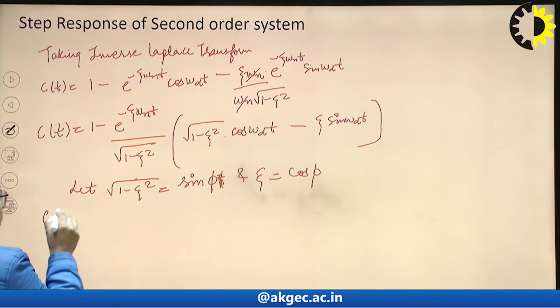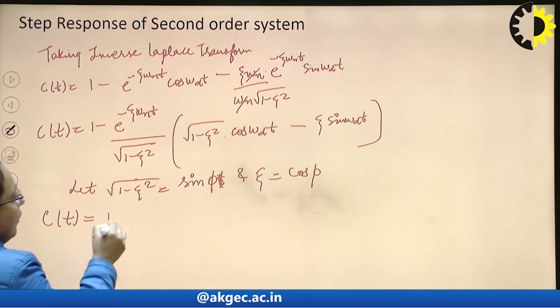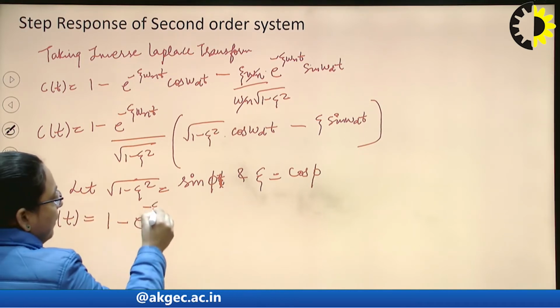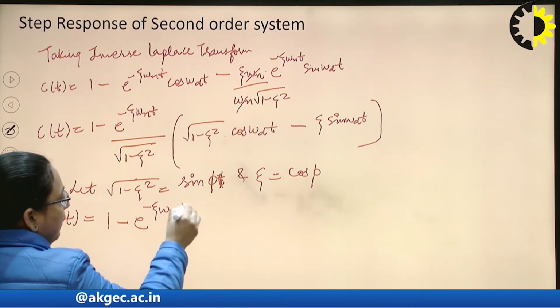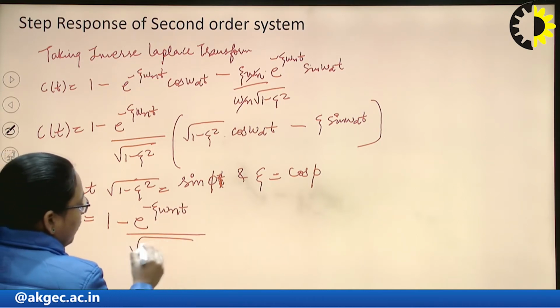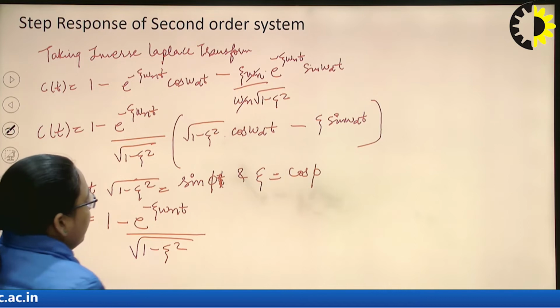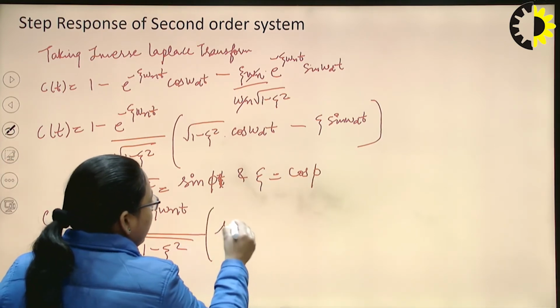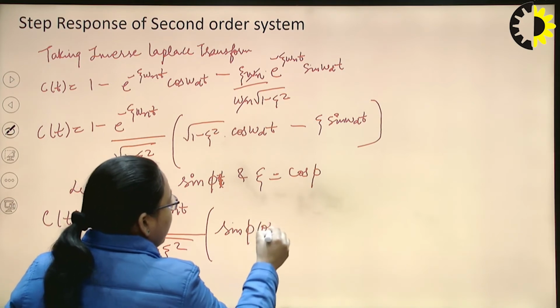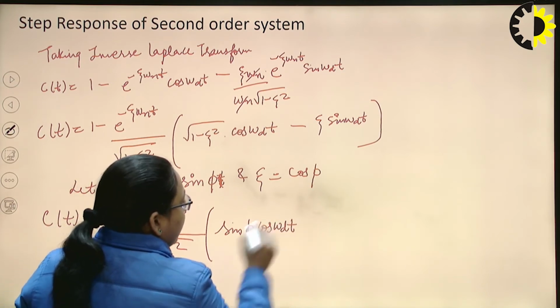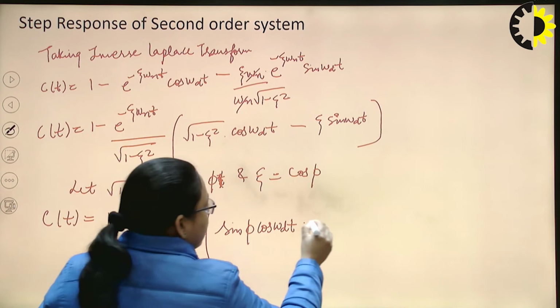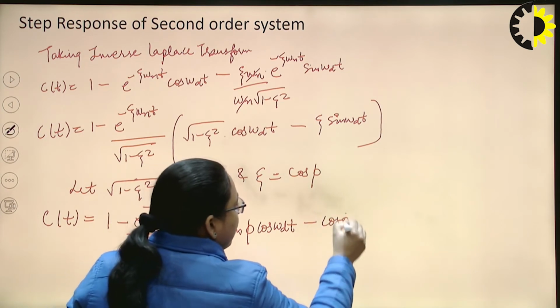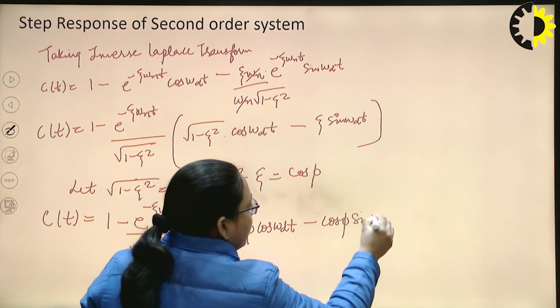So c(t) will be equal to 1 minus e raised to the power minus zeta omega n t upon under root 1 minus zeta square, and we will get here sine phi cos omega d t minus cos phi sine omega d t.